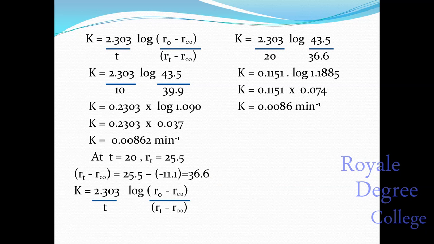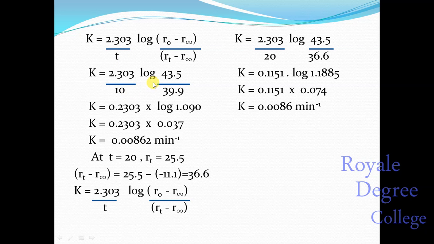Then look at this formula. K is equal to 2.303 by t log R naught minus R infinity divided by RT minus R infinity, isn't it? In place of t here we are keeping the value of time, 10 minutes.